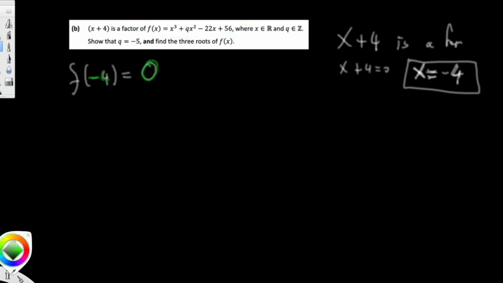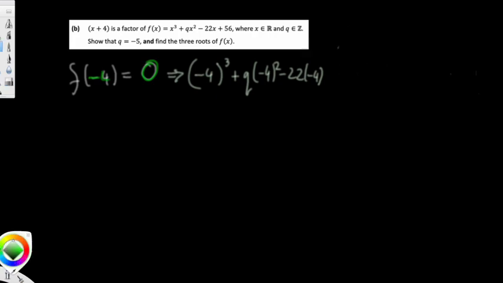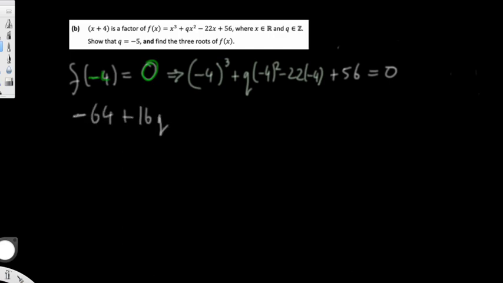Okay, so what happens when we sub it in? That tells us that -4 cubed plus q times -4 squared minus 22 times -4 plus 56 is equal to 0. So we have -4 cubed will be -64 plus 16q, and then plus 88, and then plus 56.